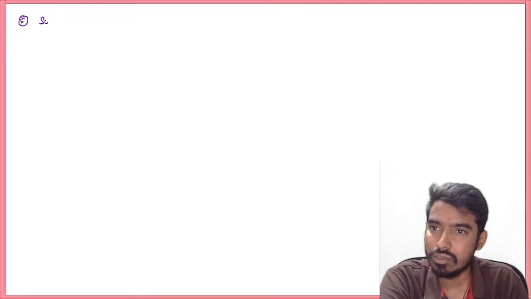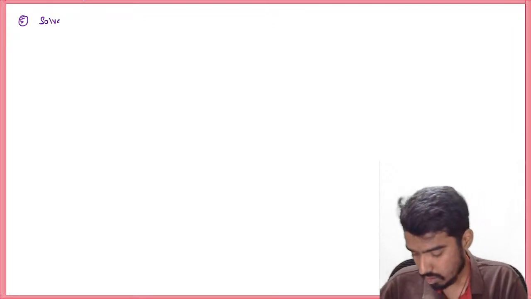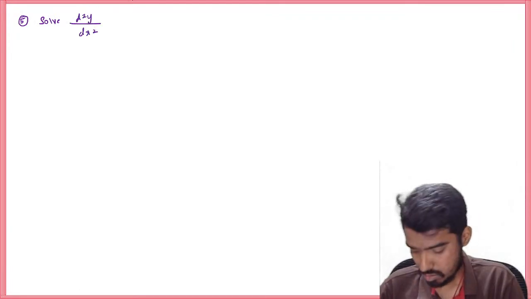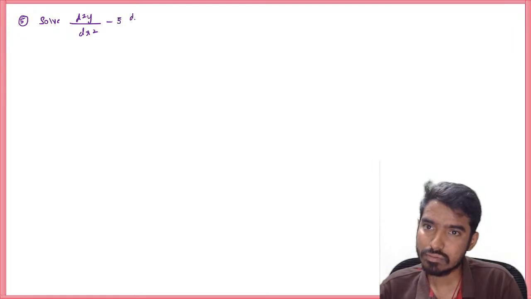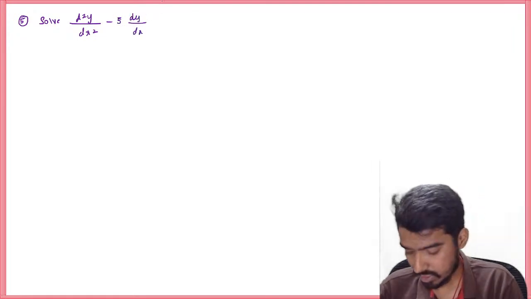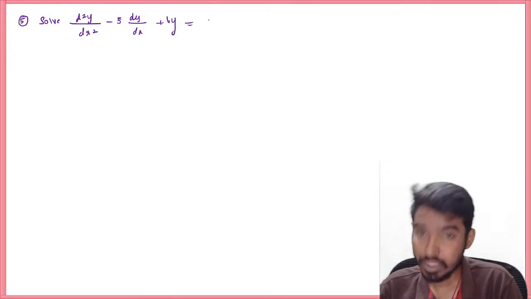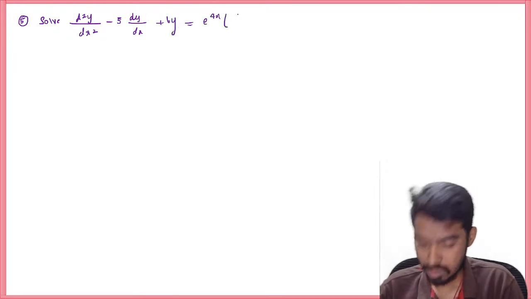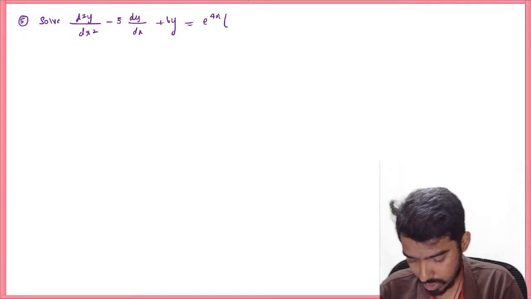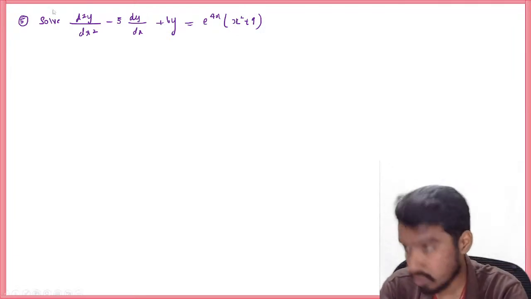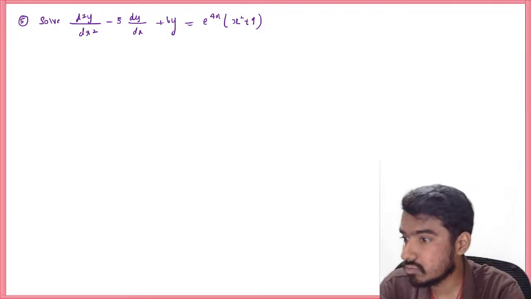So solve d square y by dx square minus 5 times dy by dx plus 6y is equal to e power 4x into x square plus 9.